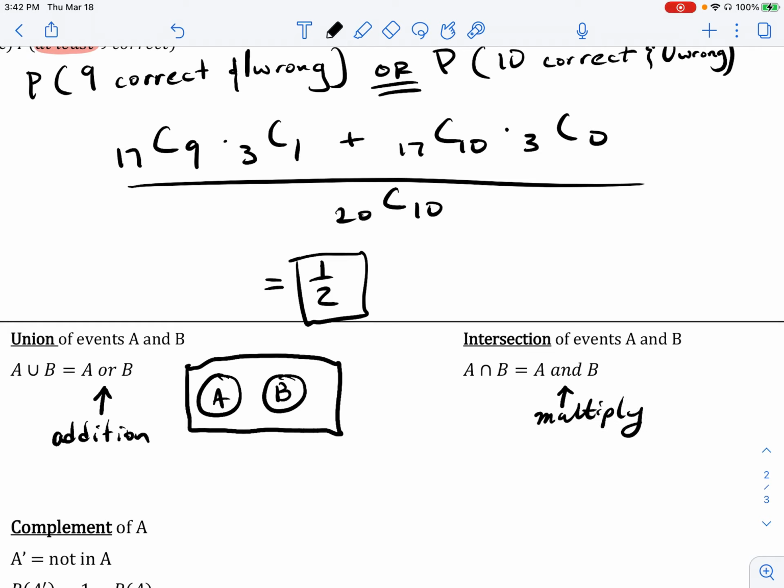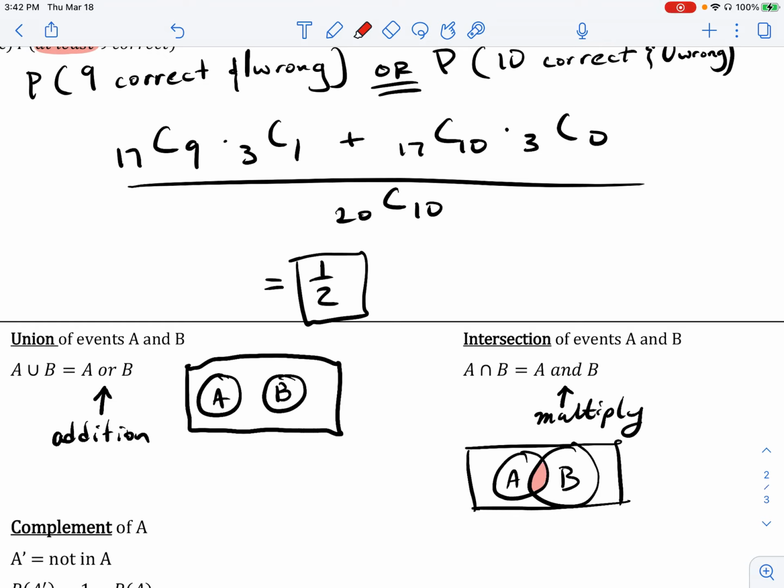And what this means is that we're looking for the intersection of both A and B. So we're talking about this region right over here. So it's the events that satisfy both the conditions for A and for B. To give a real world example, an example of a union situation might be if I ask something like, what is the probability that tomorrow will be warmer than 70 degrees or that it might rain?